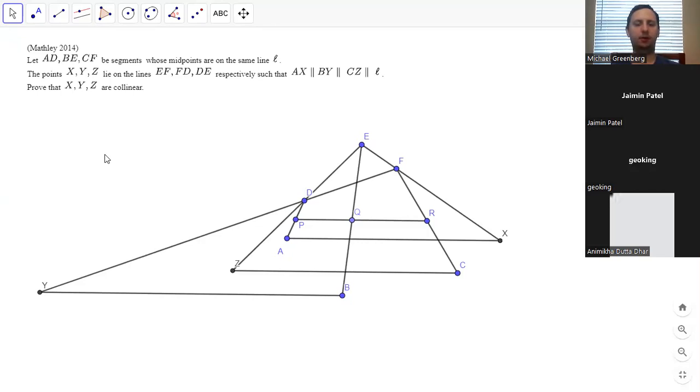Or we could try Desargues' theorem. So yeah, is there any way we could use Desargues' theorem?